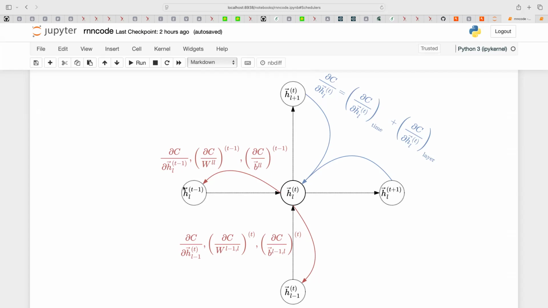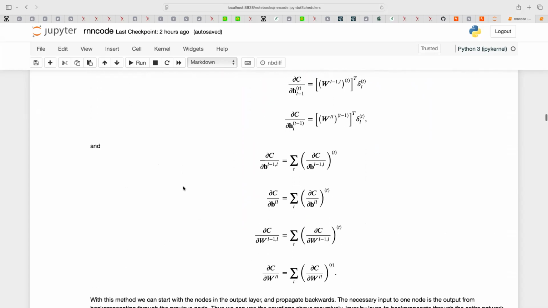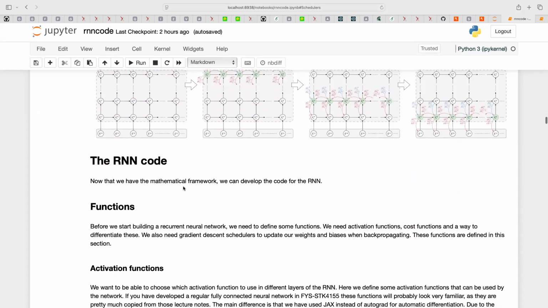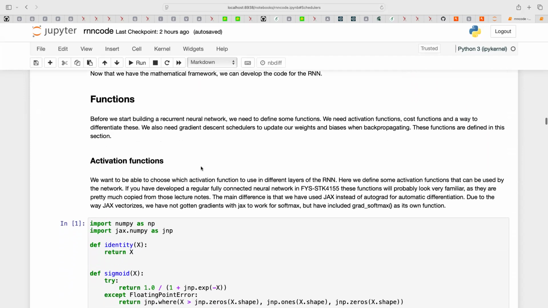The code which you will find down here actually sets up these derivatives for the different types of nodes. So I may be skipping some of these details here because this is not the most exciting thing. The thing which is a little bit more interesting to look at is actually the functions which we have implemented now.